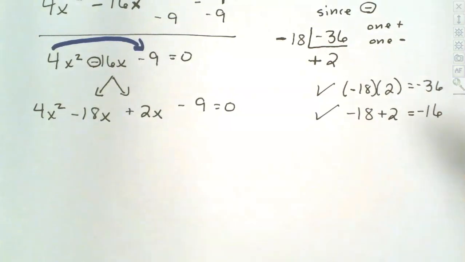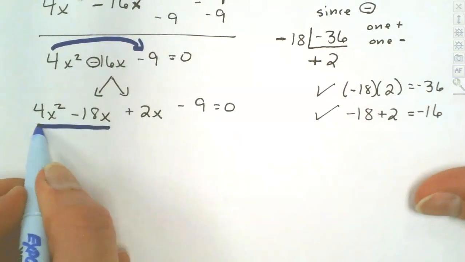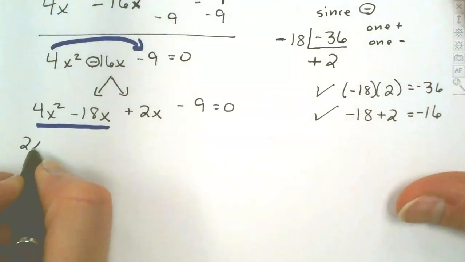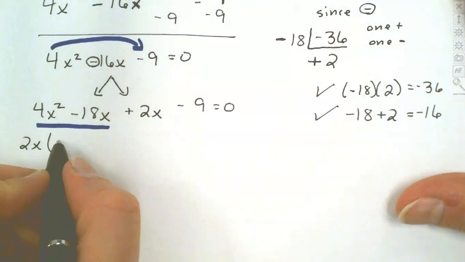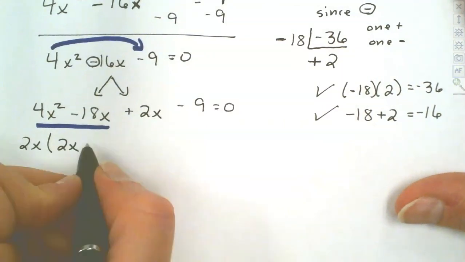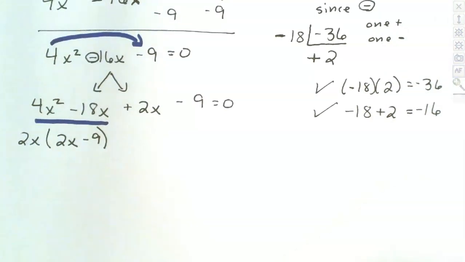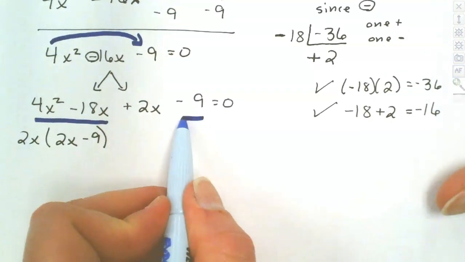What can we factor out of the first two pieces? What can come out? Looks like we can factor out of what? Does anyone know? 2 can come out, and what else? Yep, 2x comes out. That leaves you then with a 2x minus 9. What about the last two pieces?